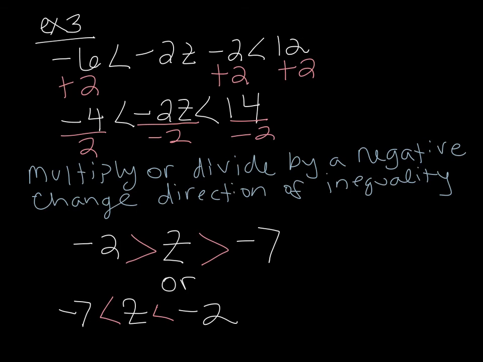So you can see when you have it this way that your smallest number is still on the left and your largest number is on the right, which is usually, I think, for most people easier to comprehend. And that way, if you graph that out, you can kind of see what you've got to work with. So obviously they're both negative. And because it's just a less than or greater than symbol, our parentheses in this case are open on both ends. So it's here and here. And then if I wanted to write it in interval notation, minus 7, minus 2.